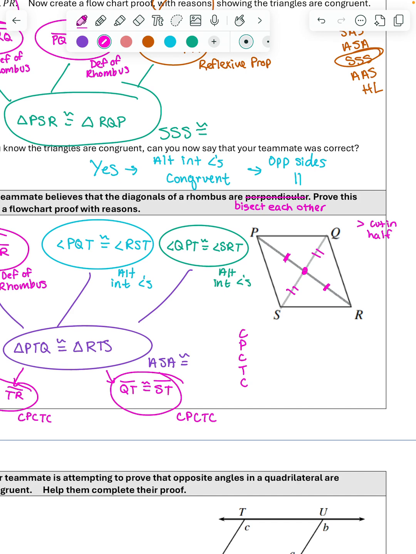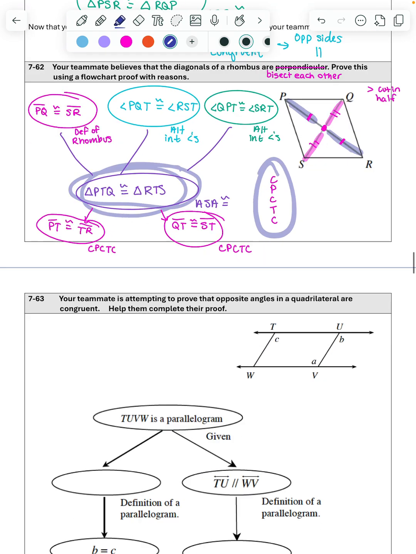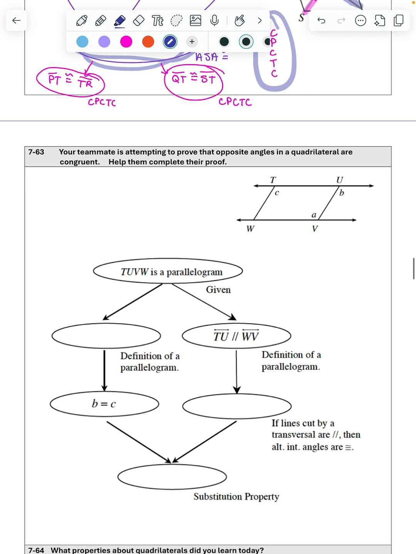They are bisected at the midpoint, okay? These diagonals have been bisected by each other because these parts are congruent. They've been chopped in half. Now, we had to do a lot of work to get here, okay? That's what CPCTC is. You often have to prove something where in order to even get there, you have to prove that the triangles themselves are congruent first, okay?